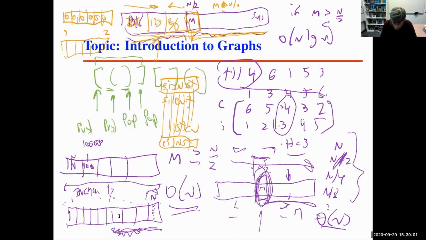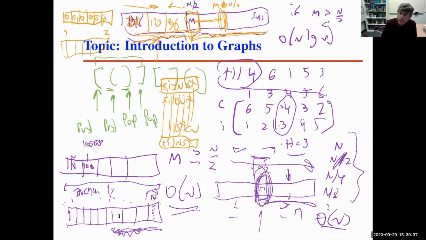In a problem half as big, I'm going to look at the middle element here, in this case the 3n/4 element, and ask myself, is the H index bigger or less than 3n/4? If it's bigger than n/2 and less than 3n/4, it's going to lie on this part. So in a logarithmic number of comparisons, by doing binary search, I can find the right place.